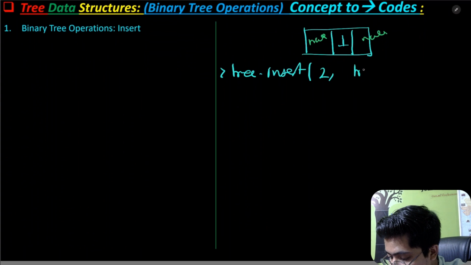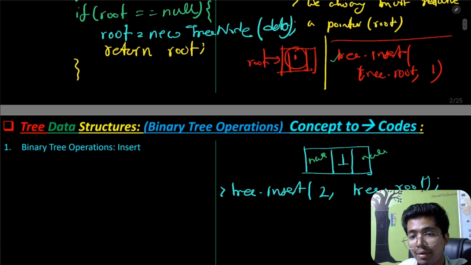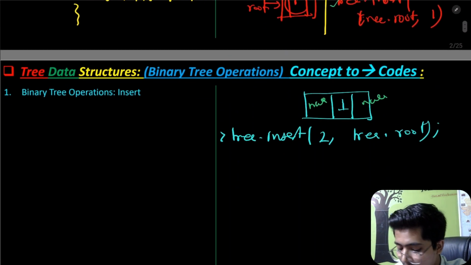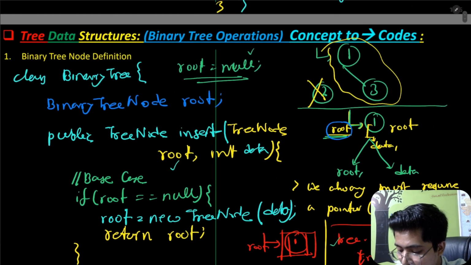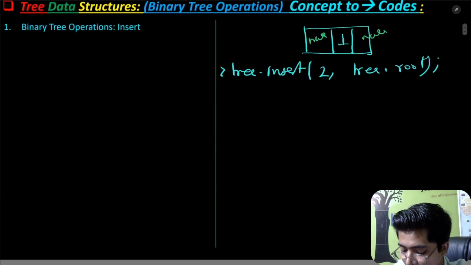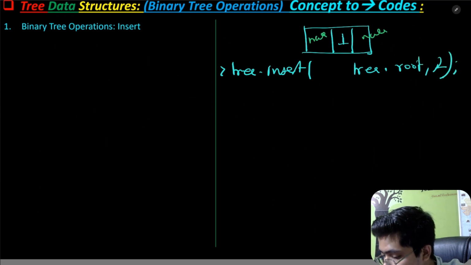So we'll be writing tree dot root. Okay, I just made a different orientation. Observe, our orientation should always be the same as this declaration. Here root is in the front, so we have to write the root in the front. So let me erase this one, just root comma 2. So we'll be passing 2.